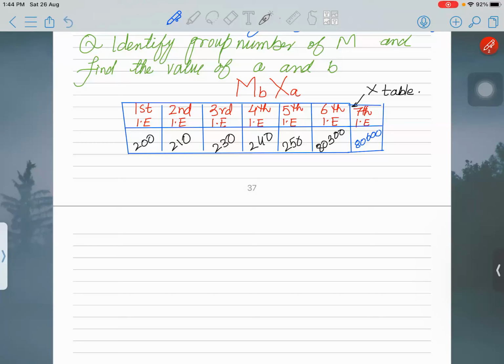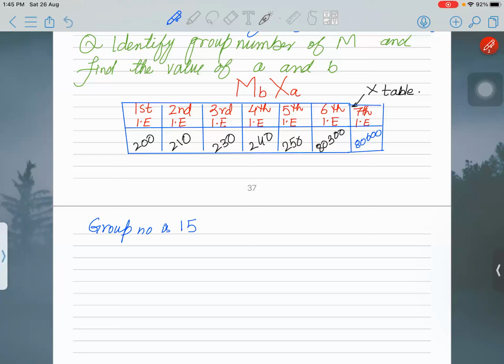Okay, now listen. Group number is 15. Can anyone tell me, do group 15 elements give 5 electrons or accept 3 electrons? Accept 3 electrons, generally speaking. If they accept 3 electrons, the charge is minus 3, not plus 5.